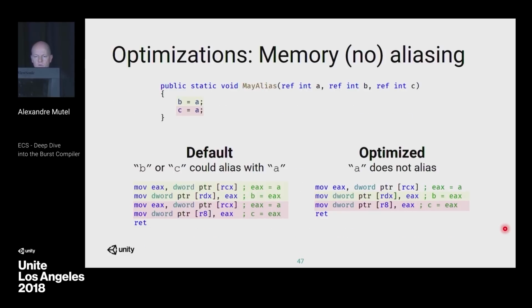So, for example, we take this example of a simple function that is moving a variable A to B and to C. You will see that if you don't tell the compiler that A could not alias with B and C, it's going to reload A to a register here when transferring the value to C. Because maybe when you wrote A to B, it was aliased with A, and you would have a different value for A. So when you inform the compiler that A doesn't alias, it loads the value just once.